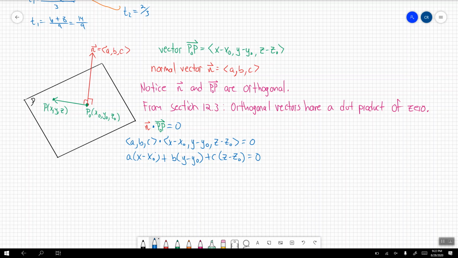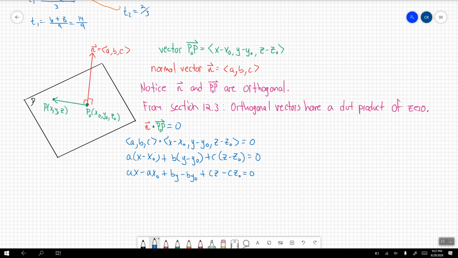Okay, so let's keep going then. Let's keep extracting. All right, so what I'm going to do is distribute my coefficients a, b, and c. So I have ax minus ax naught plus by minus by naught plus cz minus cz naught is equal to 0. And then I want to get all the variables by themselves on one side.